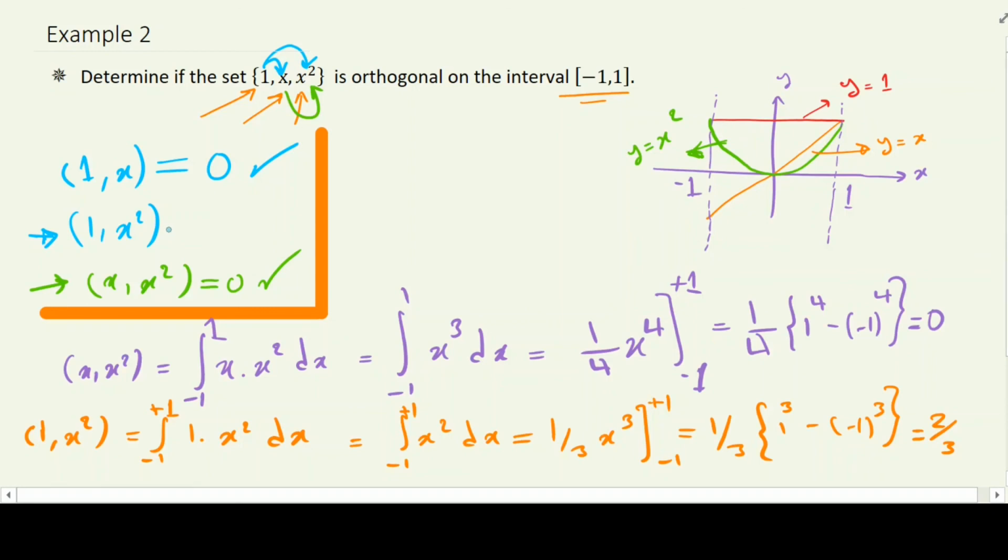So this pair of functions then has a non-zero inner product. The inner product is going to be 2/3. So this inner product is not 0. So the conclusion is that the set is not orthogonal.